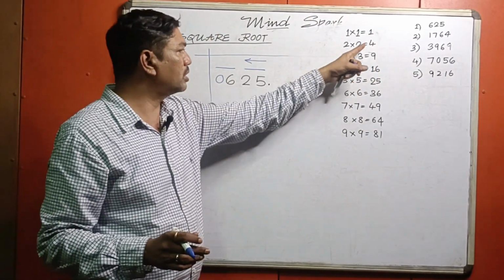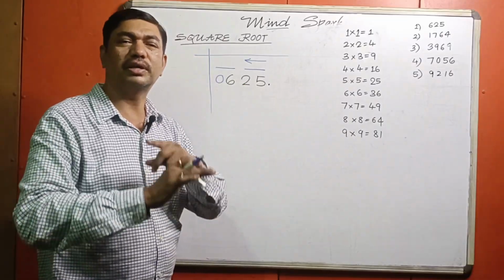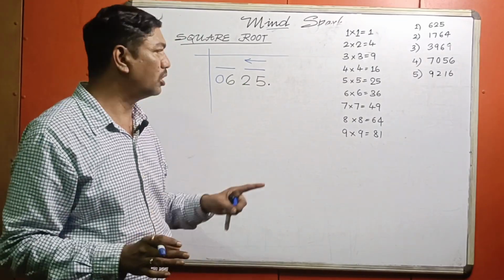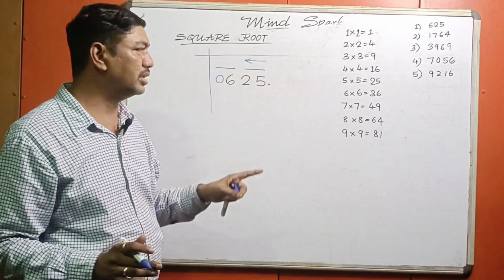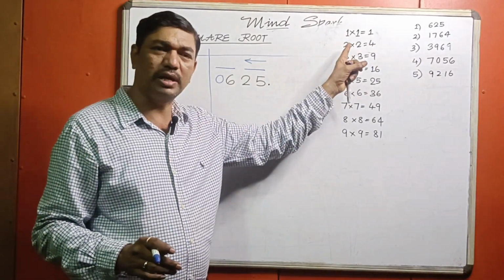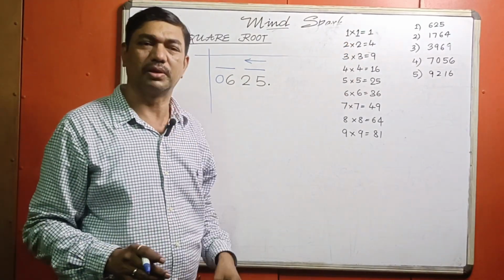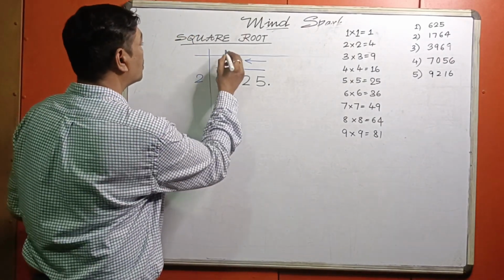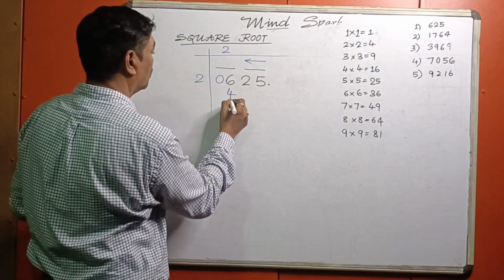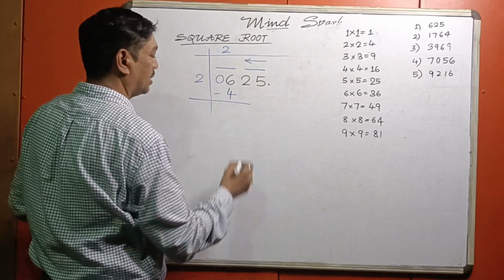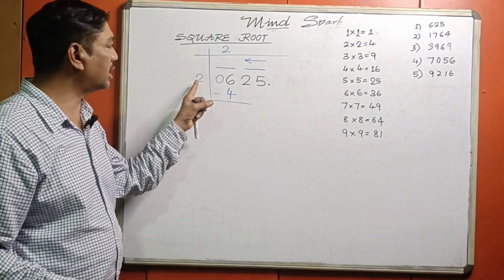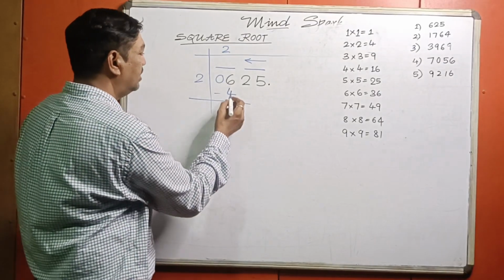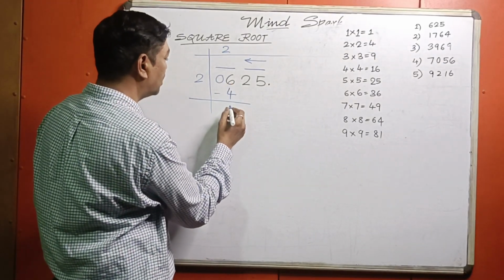You cannot take 2 into 3 equal to 6, because that is against the rule of the square root method. Whatever number you take, you should multiply with the same number. So here you take 2 twos are 4 and subtract it.